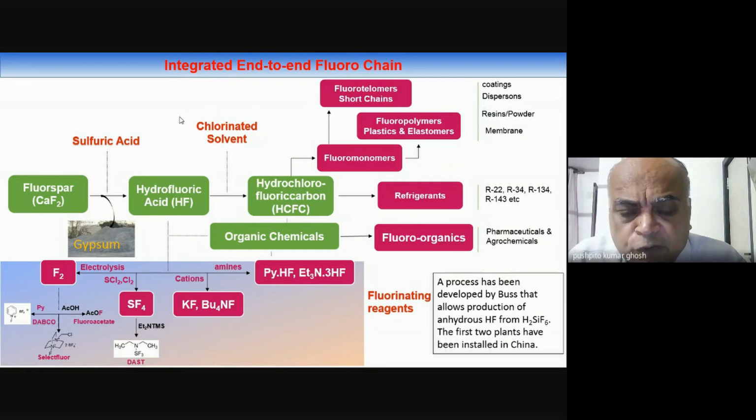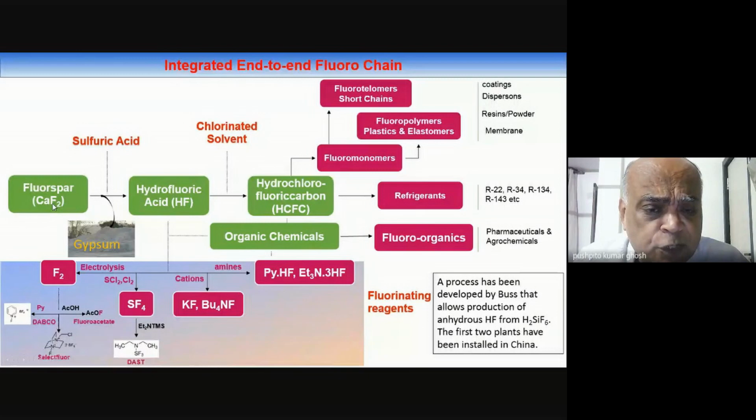So in a way, you need fluorine, but the problem was that most of the people who work with fluorine usually work with anhydrous hydrofluoric acid, HF, which they have been producing from fluorspar, which is calcium fluoride.